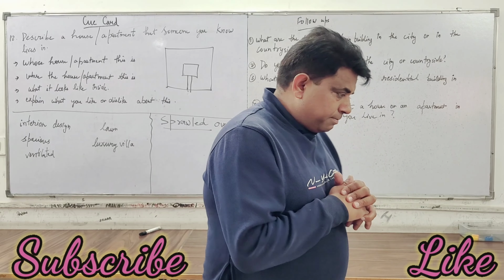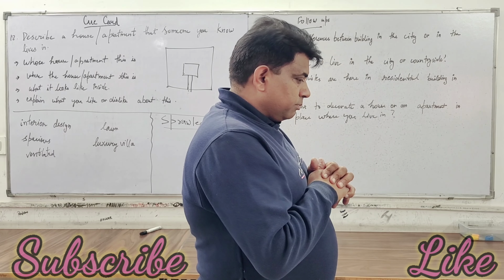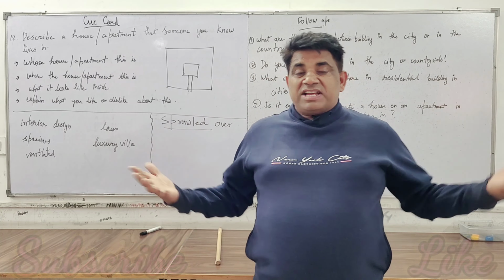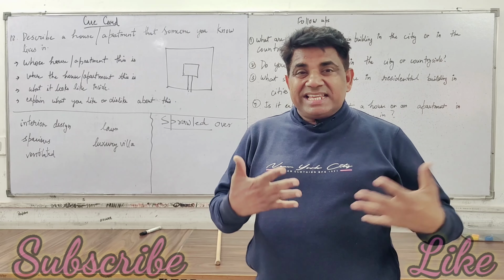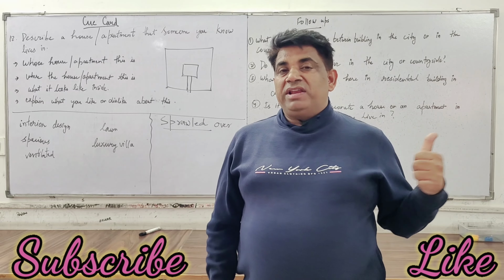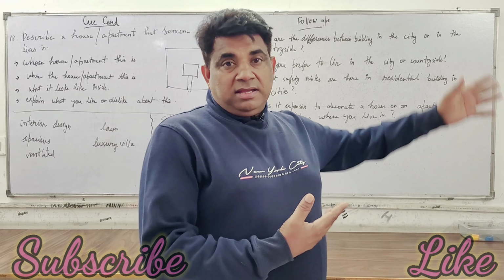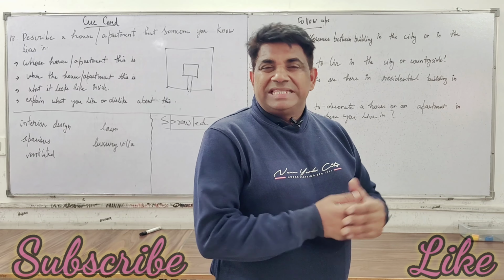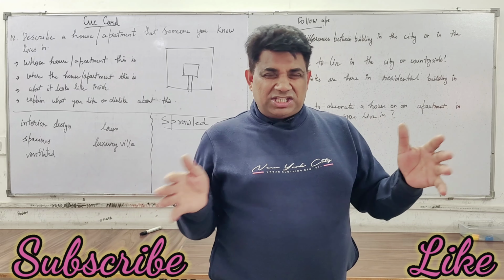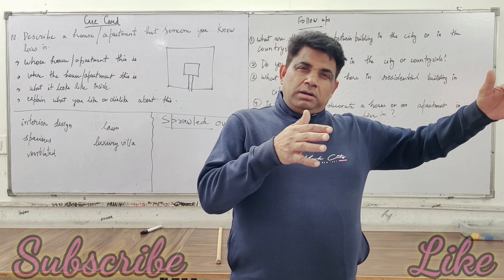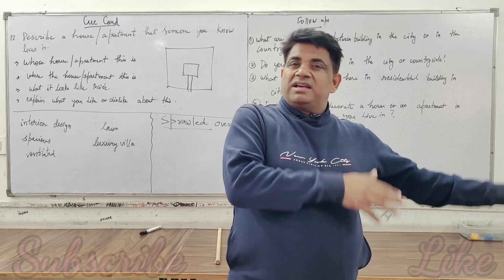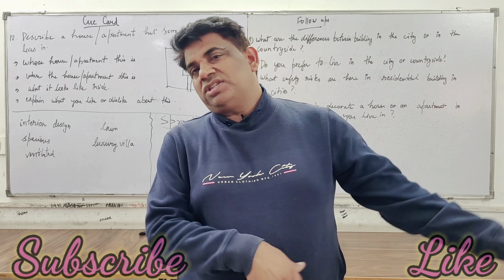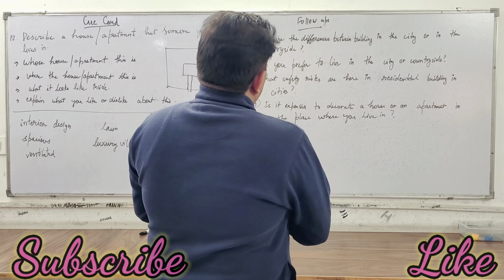And yes, there are some facilities which are easily available in the cities but may not be available in the countryside area. So these are the differences between buildings in the countryside and buildings in the city.